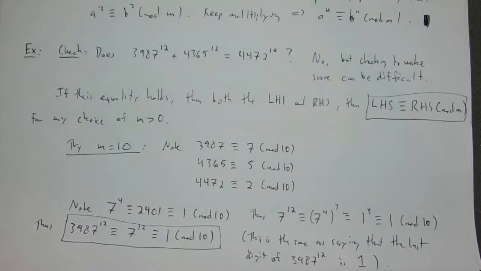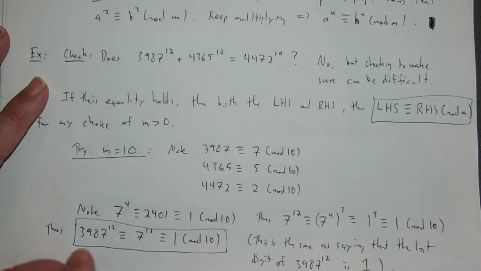What's the last 2 digits of this thing? These are the sorts of things that you could be asked about some absolutely massive integer expression. So this is one of the ways in which you can answer. So anyway, 3,987 to the 12th is congruent to 1 mod 10. Okay.